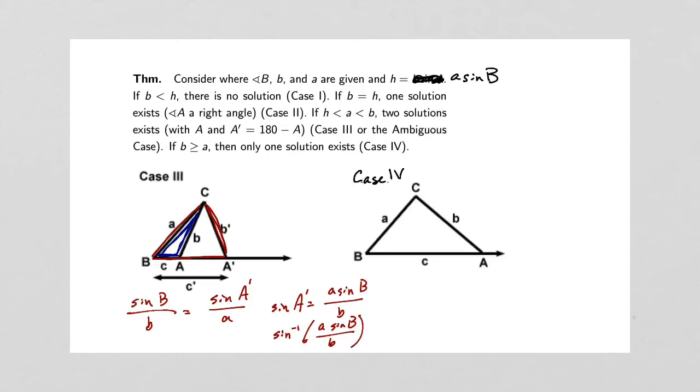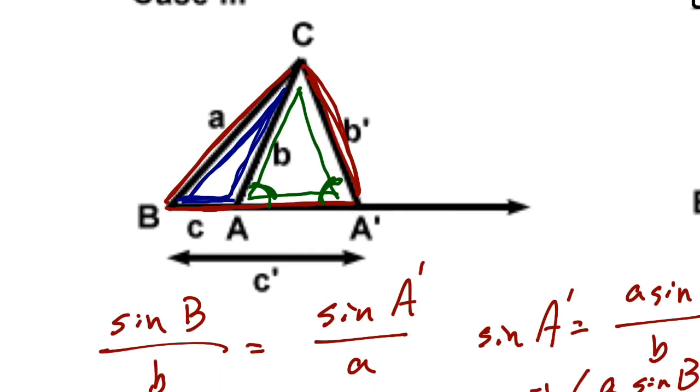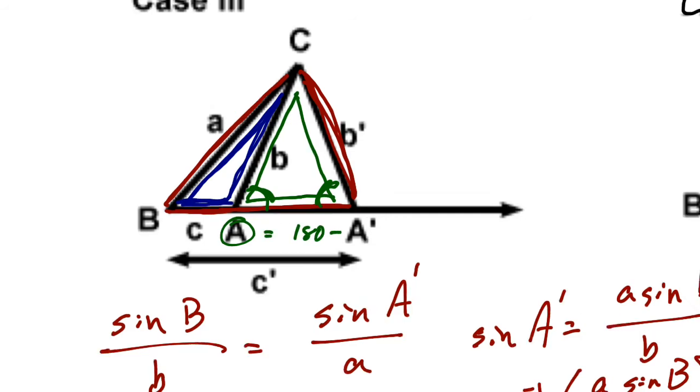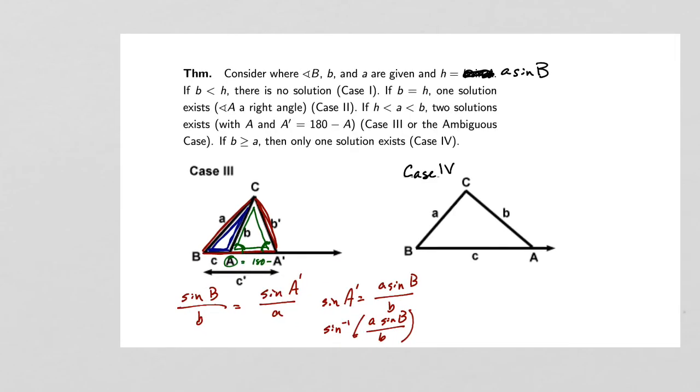And that means that our triangle inside here is an isosceles triangle, and that means that these two acute angles have to be the same angle, which tells us that this solution A here is going to be equal to 180 minus that A prime. Okay, we will see an example in a moment that will clear that up a little bit.